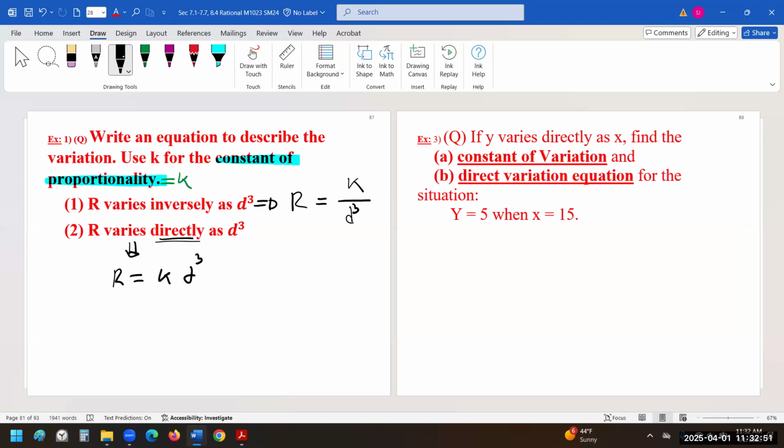What's the value for k? So here they're saying y varies directly as x. Find the constant of variation, meaning what is k. Also write the direct variation equation.